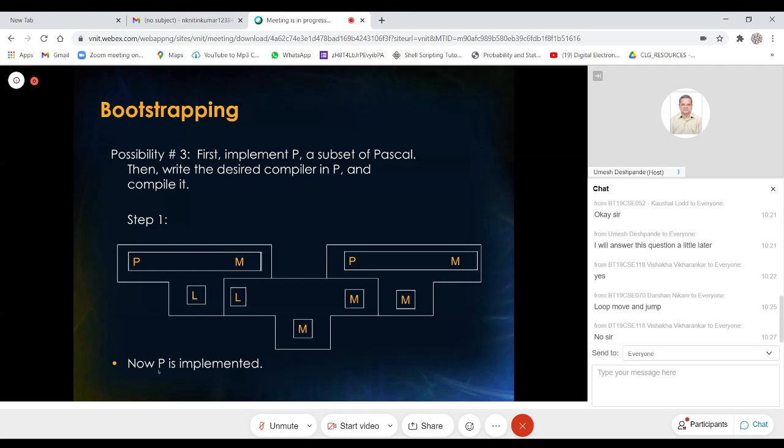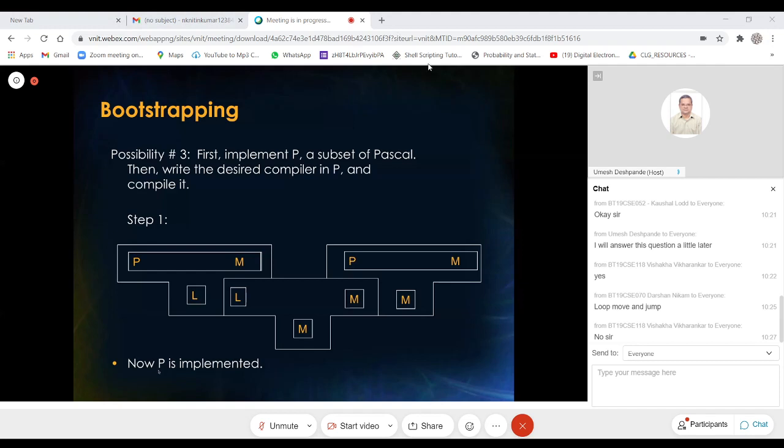Suppose now we want support of more features of the Pascal language. So P had the bare minimum features, and we implemented that in L. So if we want to create a more elaborate subset, let's call it P dash. Okay, so P dash is a superset of P, but it is still a subset of Pascal.